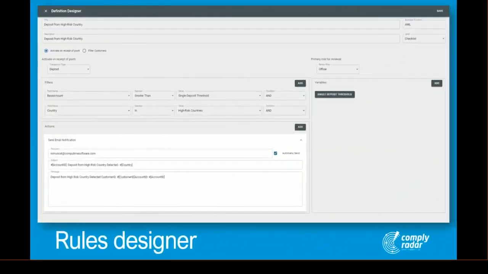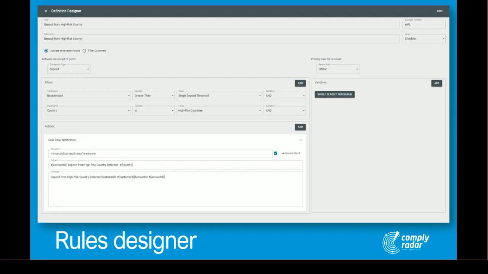So once you go on a rule, you get something like this. The screen will actually define the rules. For example, this is the deposit from high risk country, and this is quite easy. We have the filter over there defining the conditions. So for a filter, I'm saying if the base amount is greater than, for example, a single deposit threshold, and the country is a high risk country, then that means for me it is a suspicious flagged transaction, right?